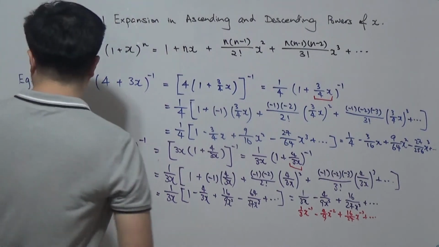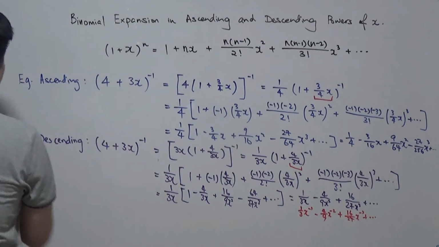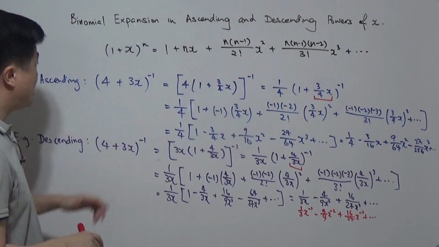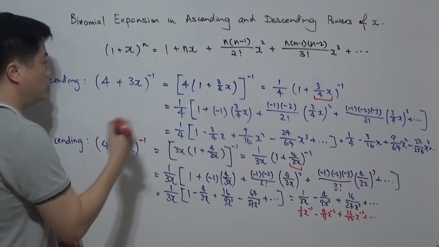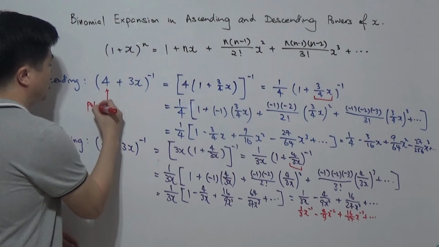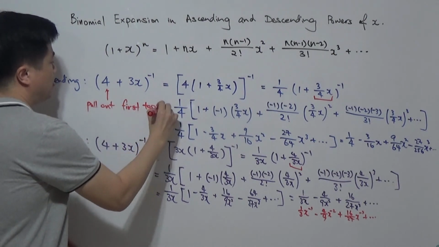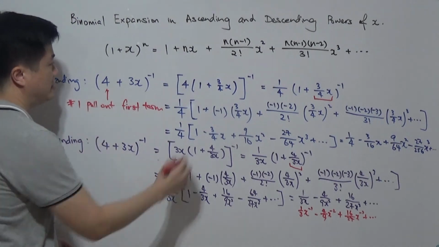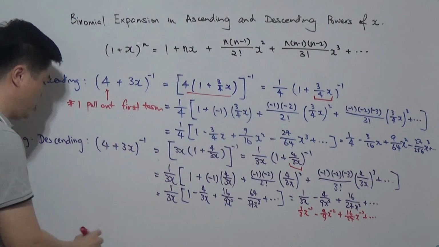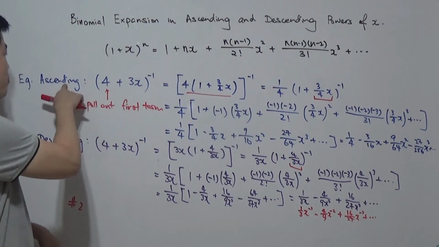So before we end the lesson, let's just summarize this. If you are asked to expand in ascending powers of x, what you will do is pull out the first term. That will be your step number 1, as indicated here. That's what we did. And then after that, your step number 2, let's write it over here because it is the same for both ascending and descending.